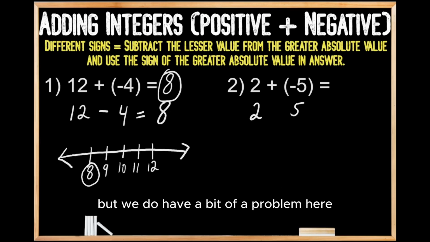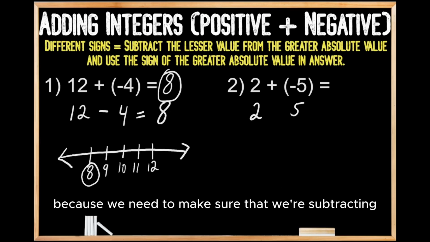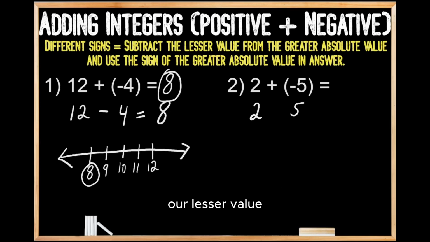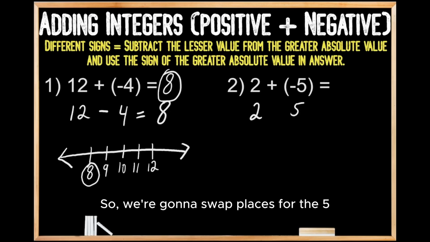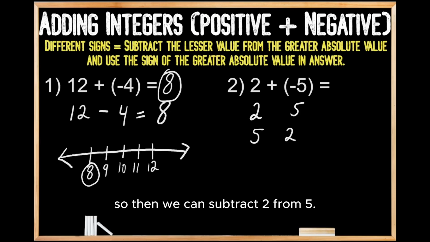But we do have a bit of a problem here because we need to make sure that we're subtracting our lesser value from our greater absolute value. So we're going to rewrite this problem so that we can do that. We're going to swap places for the 5 and the 2, so then we can subtract 2 from 5.